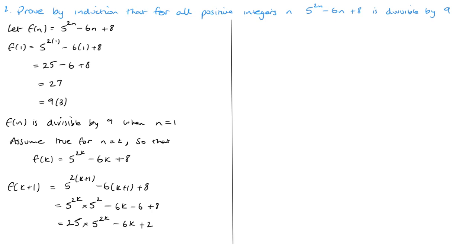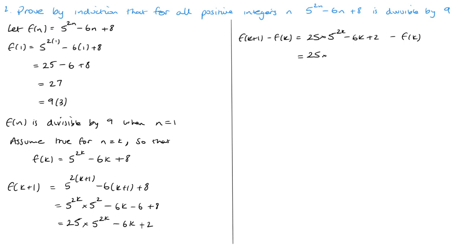Now this is one of those ones where it's not obvious what to do without taking away the f of k. You can do it, but it's not obvious. So 25 times 5 to the 2k minus 6k plus 2, minus f of k.